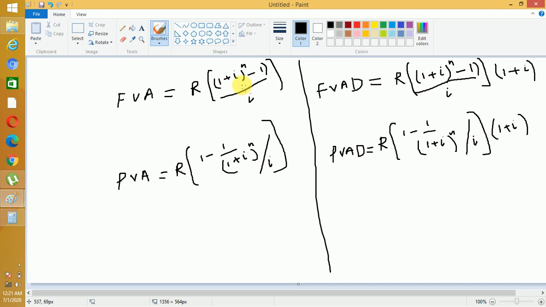So see the difference: the same formula, future value of annuity, we multiply it by 1 plus I. The same formula, present value of annuity, but we multiply it by 1 plus I.